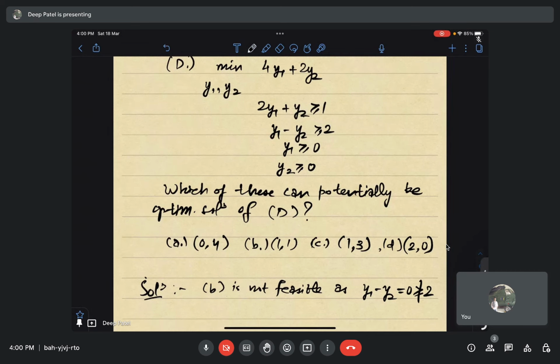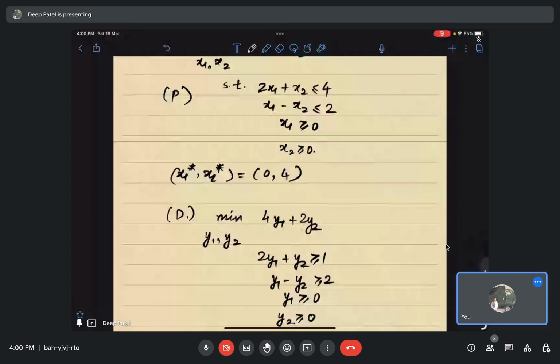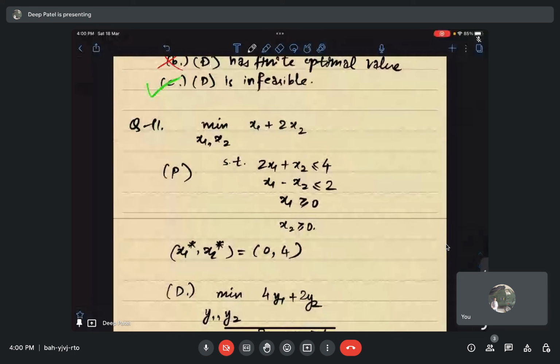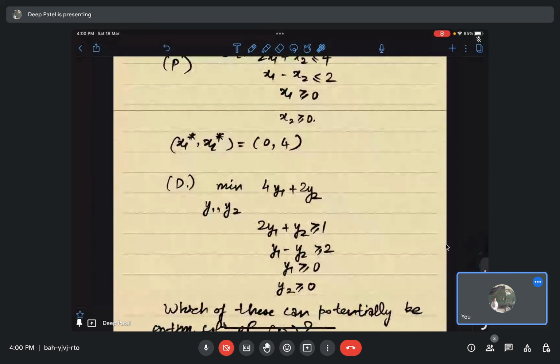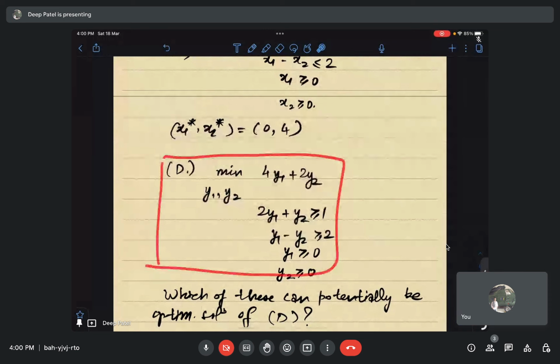So what other thing do we know? What is the optimal value here for the primal? You just plug those values in, so that gives 8. Yes, the optimal value is 8. So based on that, can we say something about the optimal value of the dual? It should also be 8.